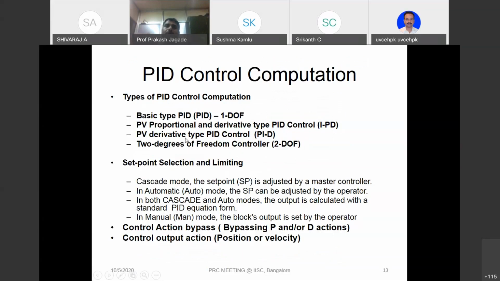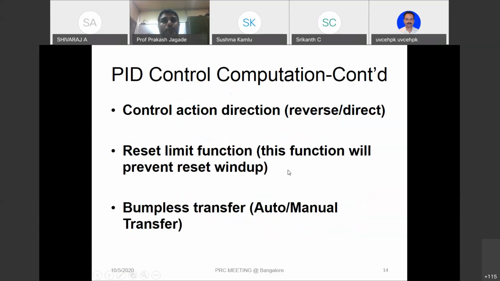And the controller can be placed in auto mode or in manual mode or in cascade mode. You can bypass control actions. Both position form and velocity form PID algorithm has been realized. Reversing the action of the controller is also possible, and provision has been given for that.